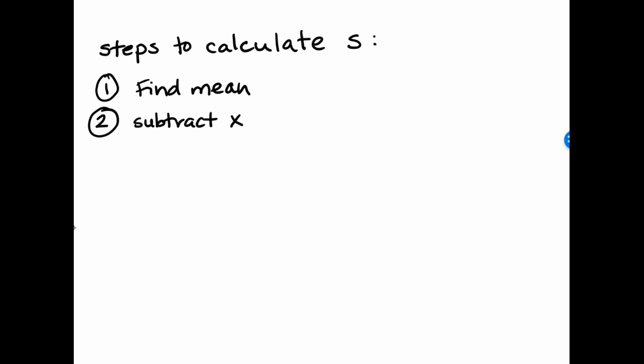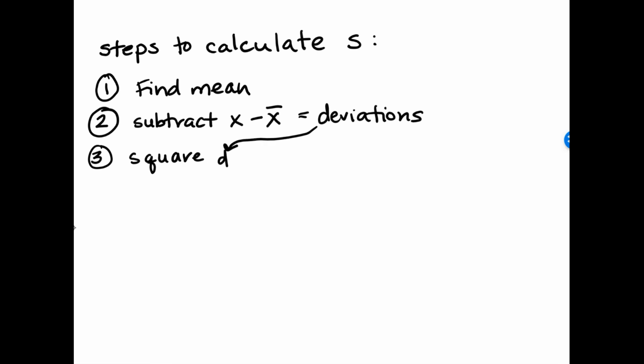For each data point, subtract the mean to get our individual deviations. For every number in your data set, take that number, subtract the mean, and record the deviation. Then we want to square those values. Square the deviations we get.